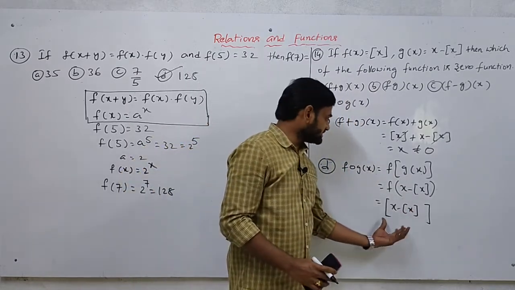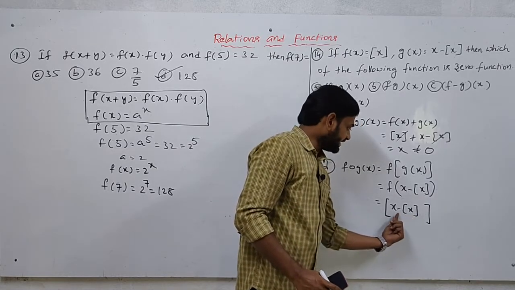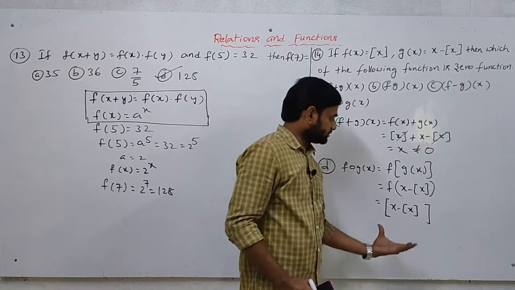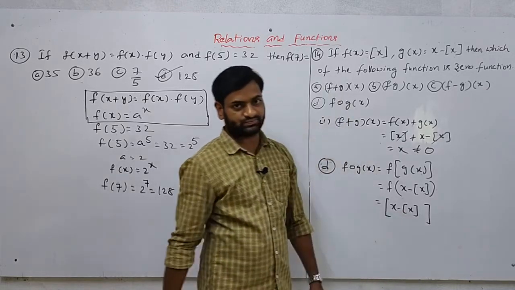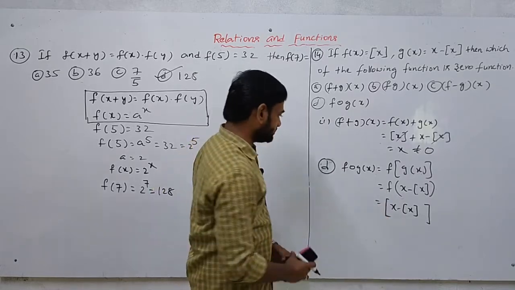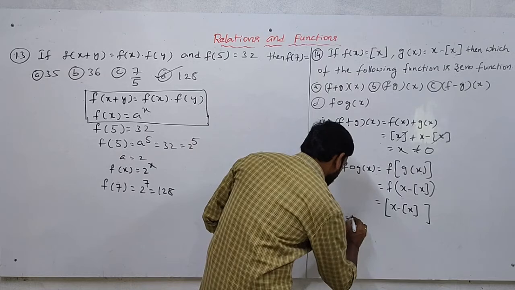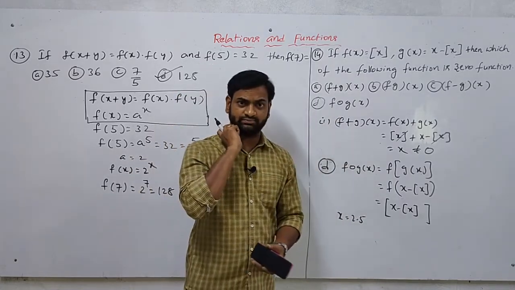That means this is the whole step of x minus step x. Now is this 0 or not? See, I am taking one value. Suppose x is 2.5 or 2.7, anything you can take.